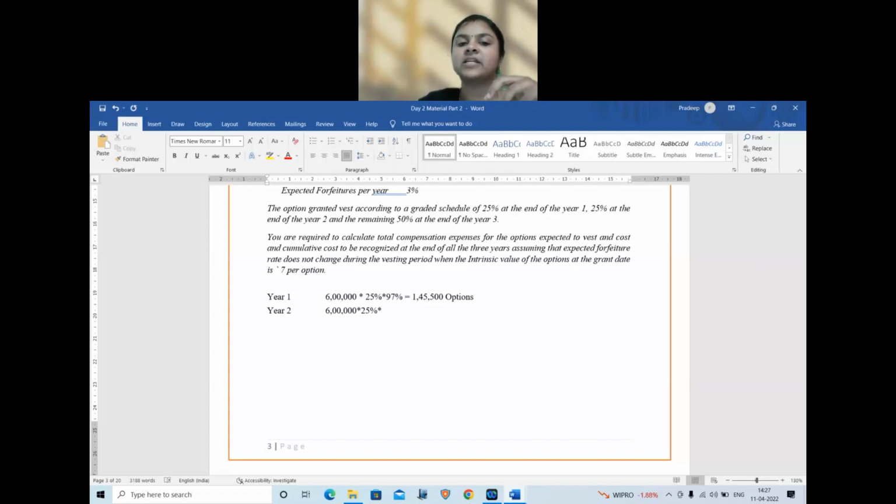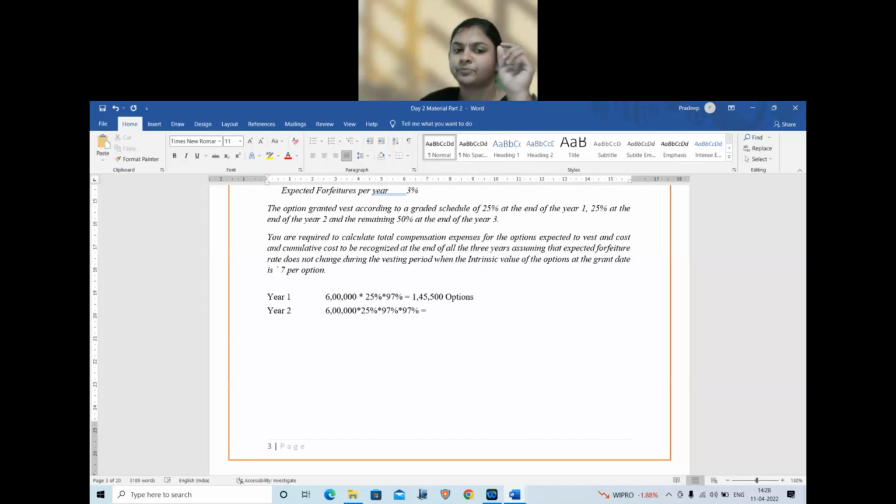So another 25% is getting vested, out of which what will be the actual vesting after the lapse? Again, expected forfeiture is 3% for each year. So first year 3% would have gone. Second year another 3% would have gone. So first year into 97%, of which only 97% will be there for second year.